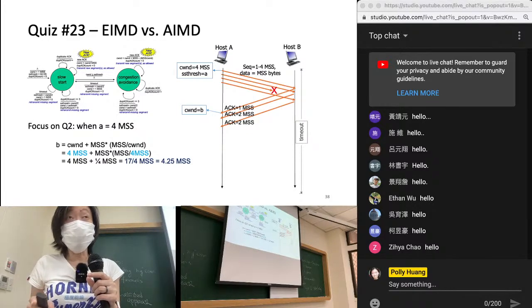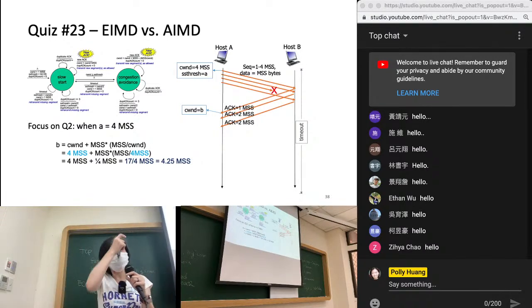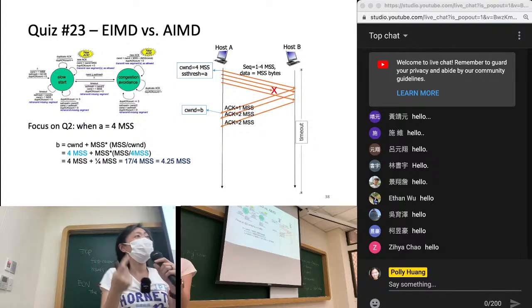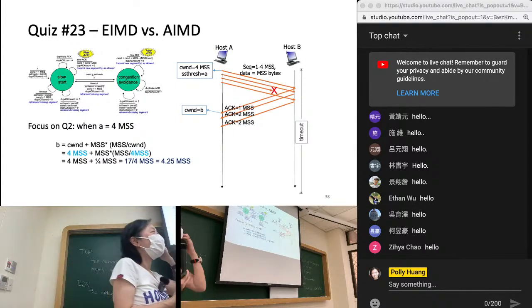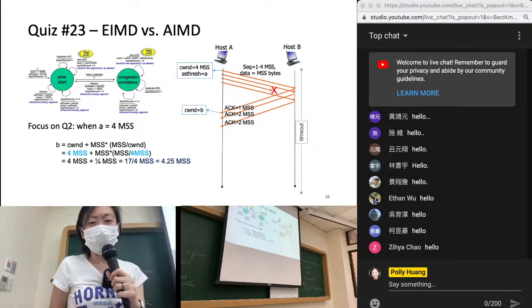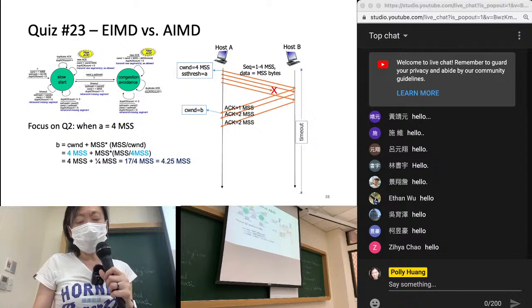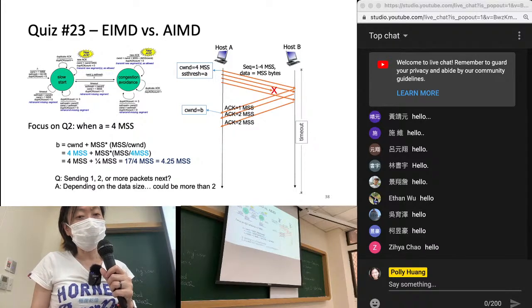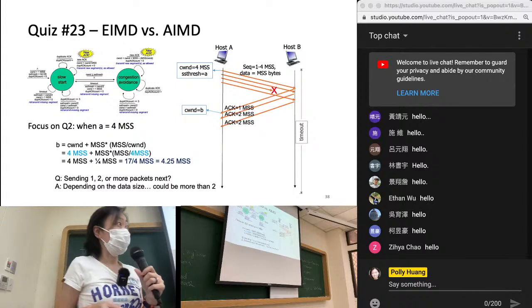Now, there was a question from the class asking, if the window size is now 4.25, how many packets do we send next? Can we have a fraction in window size? Yes, we may. As to how many packets we send further, it really depends on the data size.